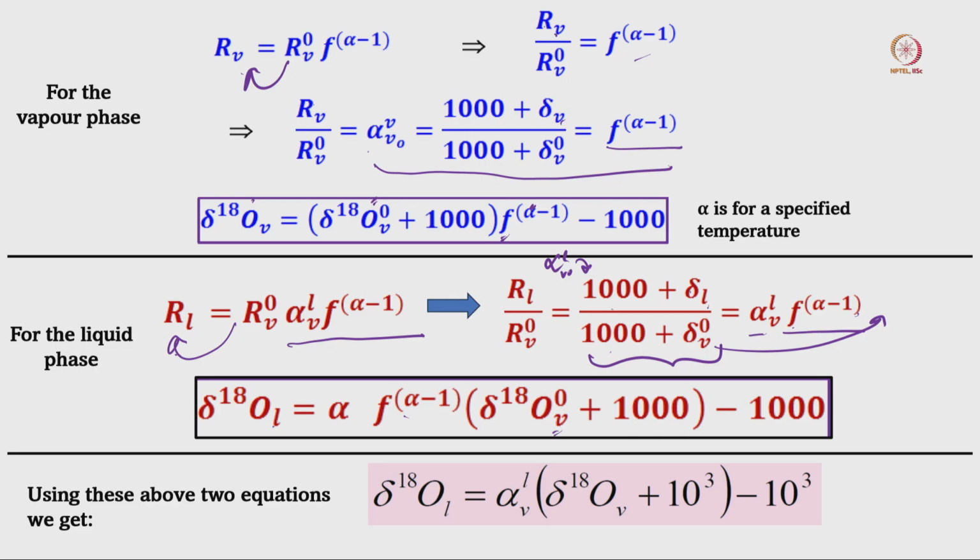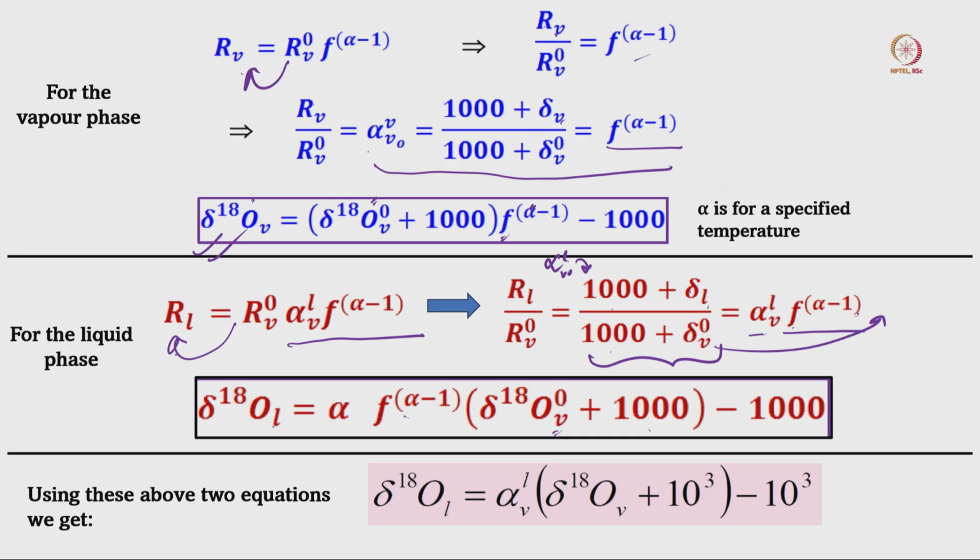And now, if we use these two equations together, you can see that this entire term, delta 18O of V plus 1000 into f to the power alpha minus 1, minus 1000, is my this term.